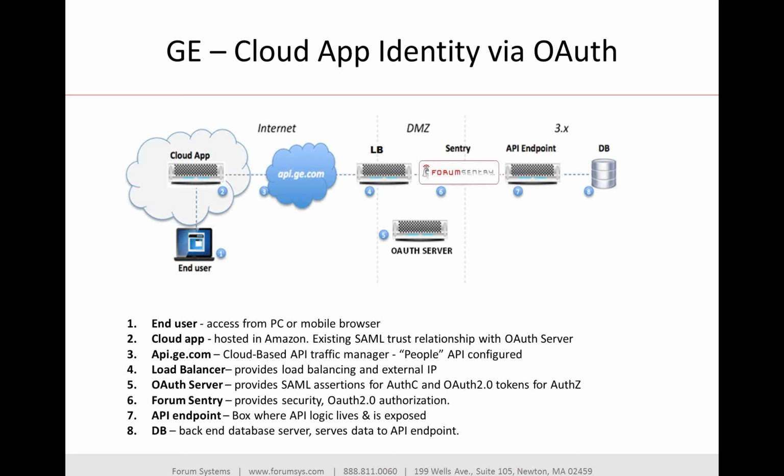But it's the same concepts we've already discussed that Sentry provides for, that abstraction, that agentless ability to do identity and authorization and single sign-on in what is basically an API.ge.com, a unified central point for, in this case, mobile apps, where the apps reside in the cloud and they actually call into API endpoint services within the architecture of GE, all facilitated through authorization and single sign-on checks that Sentry accomplishes.